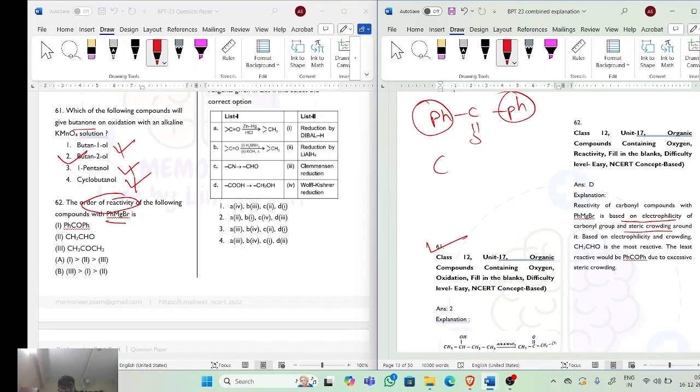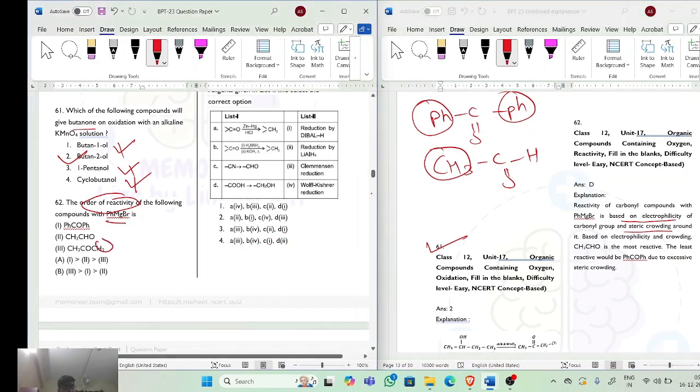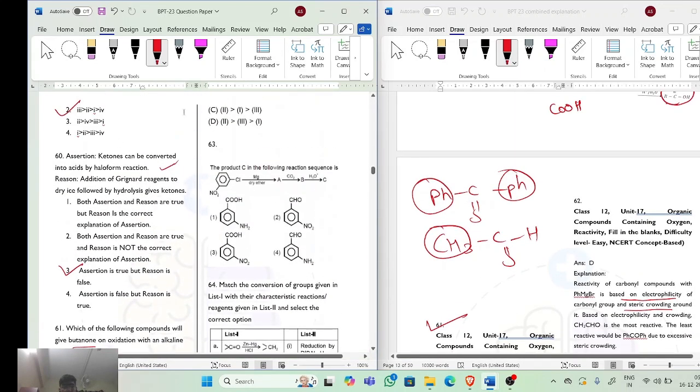Another compound is CH3-C=O-H. There is steric hindrance only by one CH3 group. In option number 3, we have steric hindrance by two CH3 groups. So it will be fastest for option number 2, then option number 3, then option number 1. So the correct answer will be 2, 3, 1. So option number 4 will be our correct answer.